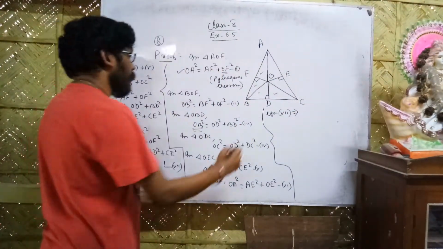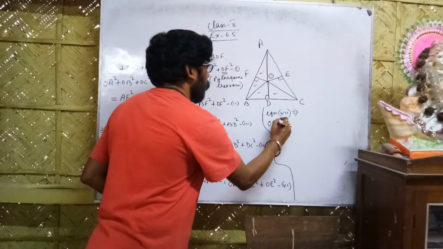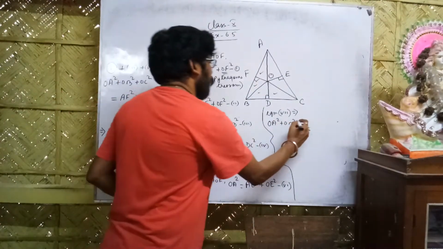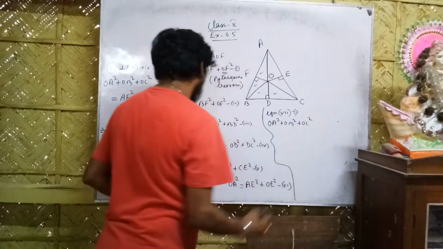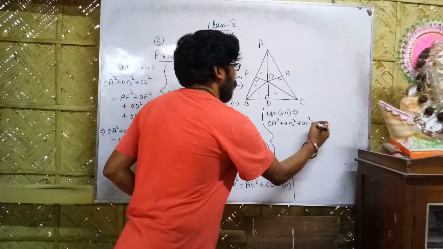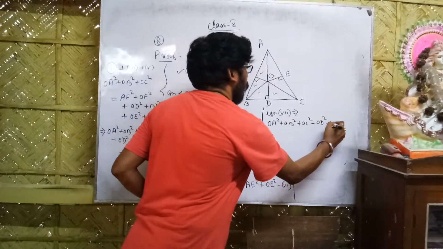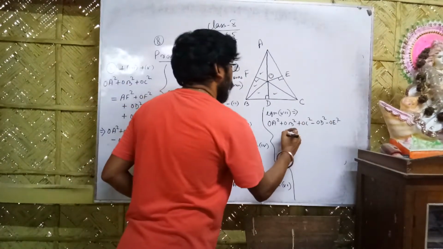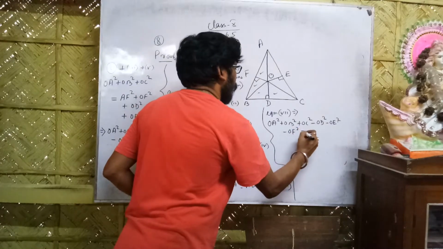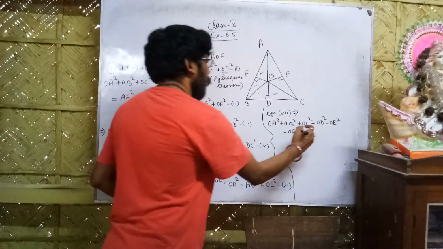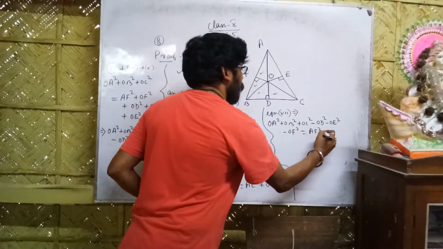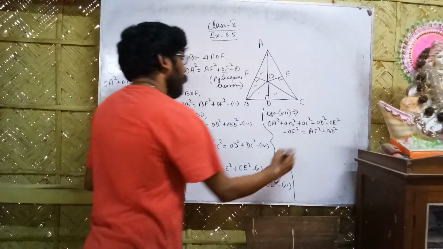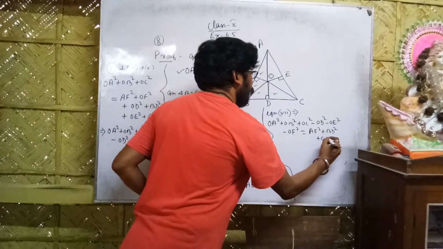Equation 7, what is given? Write the complete equation: OA square plus OB square plus OC square minus OD square minus OE square minus OF square equal to AF square plus BD square plus CE square.